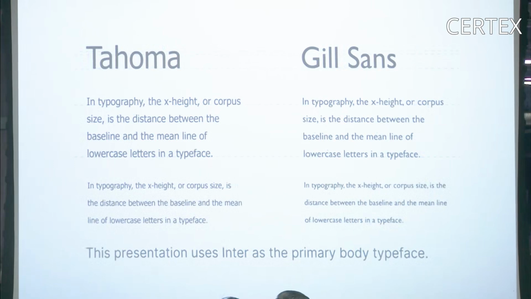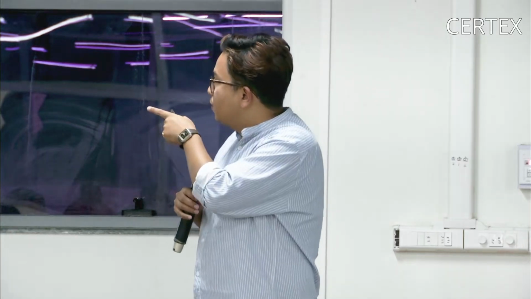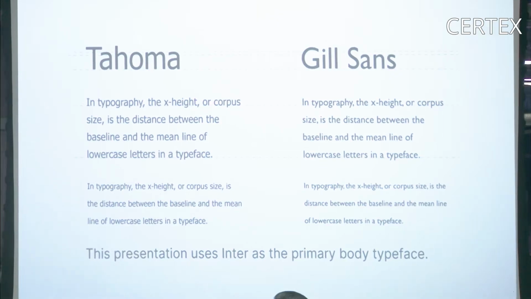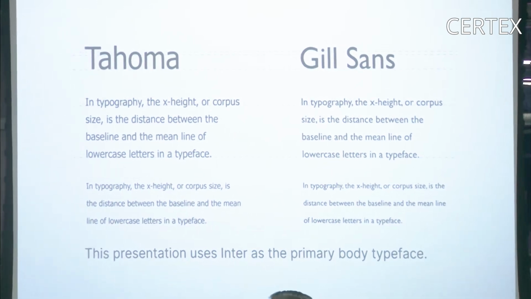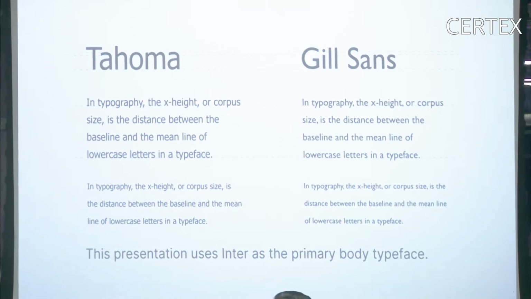Same with this. That was a serif font. This is a sans serif font. So here also the left one is easier to read. And in this presentation, I have primarily used the typeface Inter, which has a similar x-height to the Tahoma one.